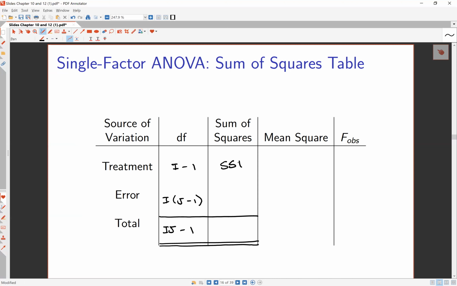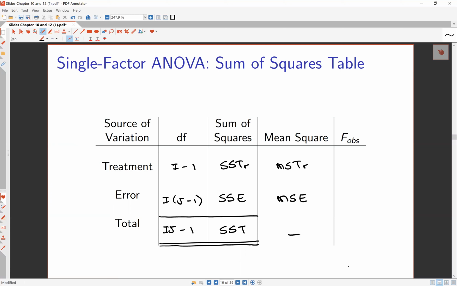Similarly, we just define the sum of squares quantities, and sum of squares for the treatment and sum of squares error should add up to sum of squares total. Now at this point, we can report the mean squares. We can work backwards now and just say mean square of treatment is sum of squares treatment divided by I minus 1. So it's just the sum of squares divided by the degrees of freedom, and sum of squares for the error divided by its degrees of freedom.